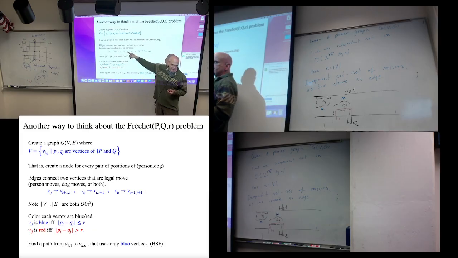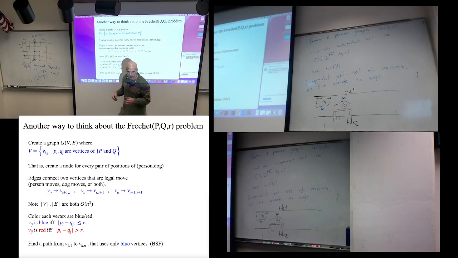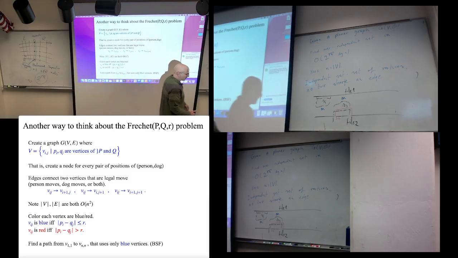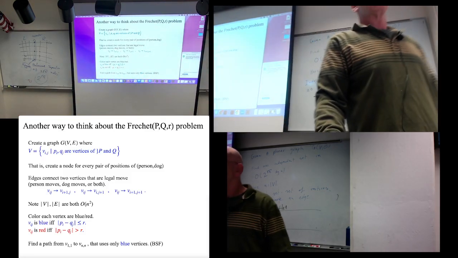If they are allowed to move backwards, then there are also edges to i minus 1, j minus 1, etc. Some answer that I got was that I just asked for connectivity in the graph, which was a wrong answer, because it's the correct answer only for the Frechet case, where I mark every vertex as allowable or not, depending on whether the leash distance is too small or too large, and then check for connectivity.